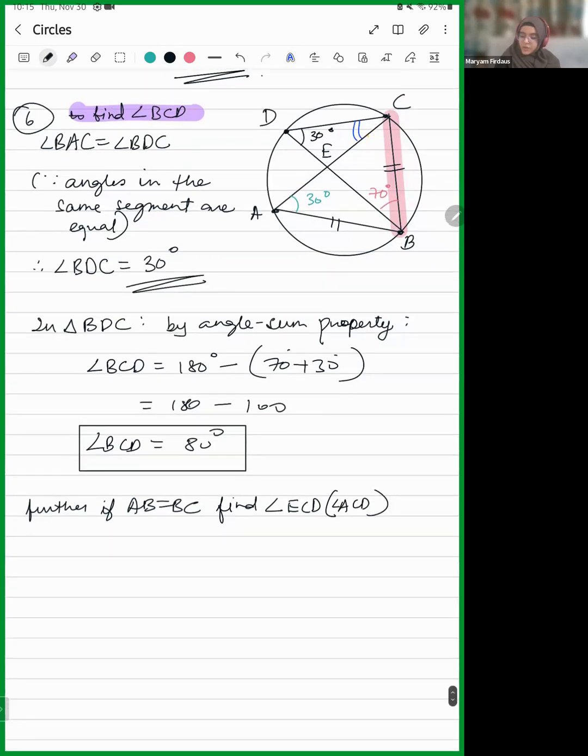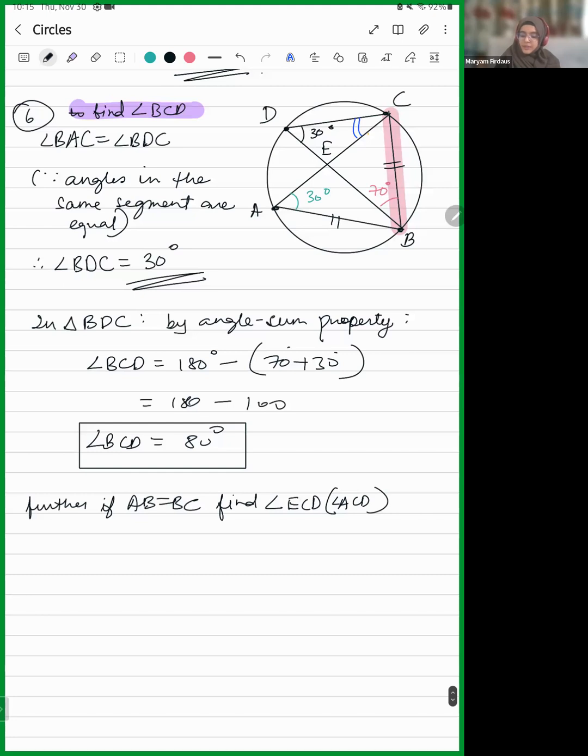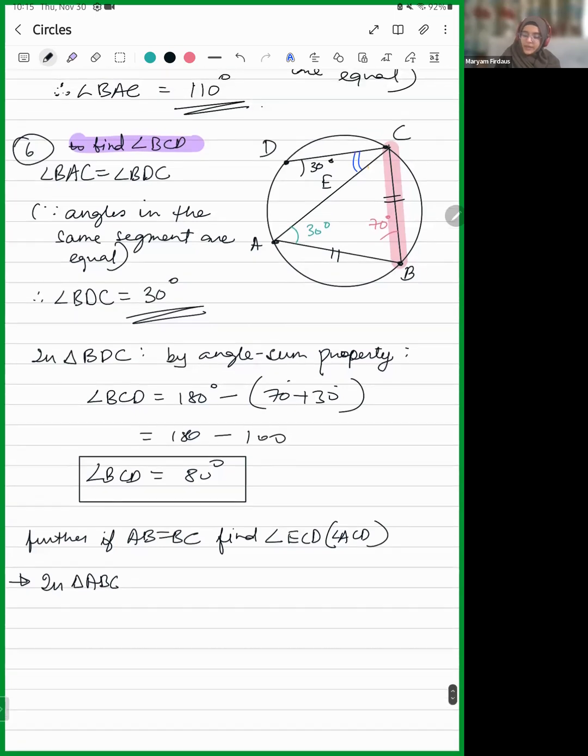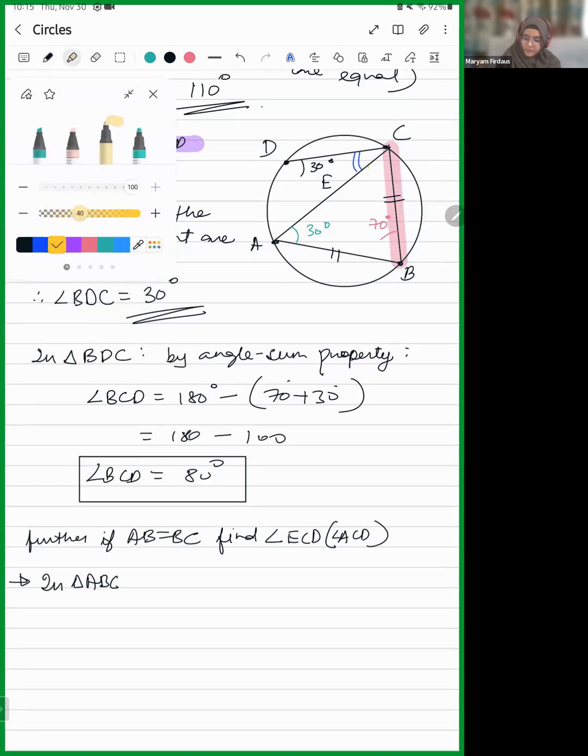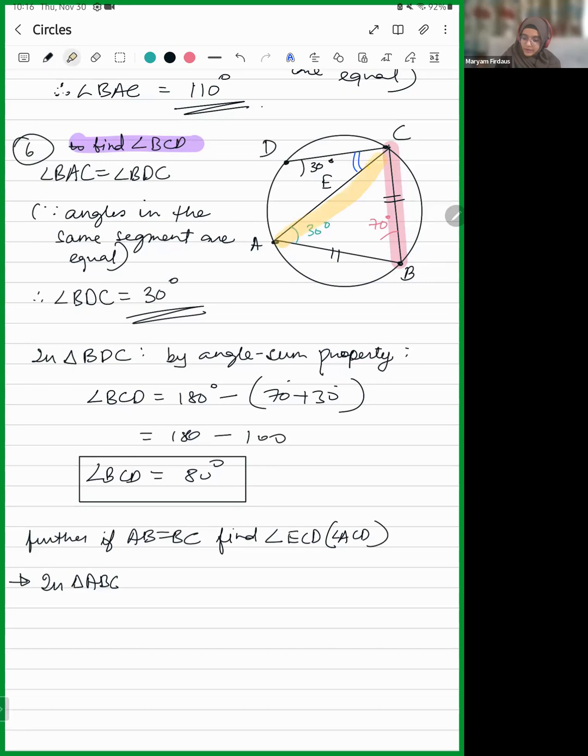Okay, so now if these two sides are equal, can you look at this triangle? In triangle ABC, can someone tell me what kind of a triangle is this? What kind of a triangle does it look like? Look at the equal sides. Isosceles. Very good.